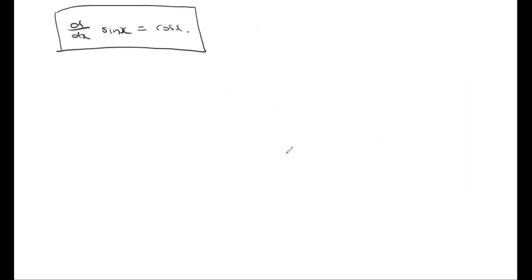So what is part 2? Well, remember our aim was to work out that the derivative of sine x equals cos x, and we wanted to show this. And right now, we have one of the tools available, which is the limit as x approaches 0 of sine x over x equaling 1.